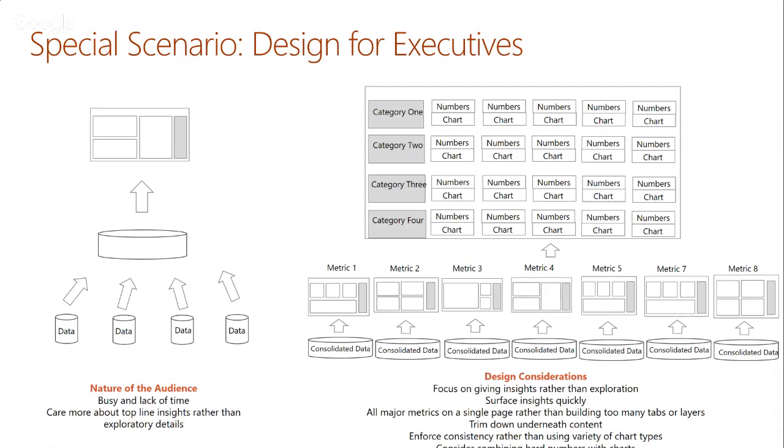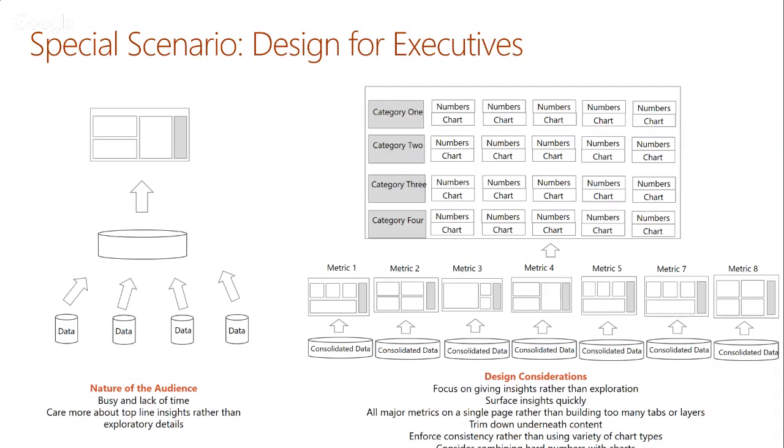Another dangerous thing I wanted to mention is that for executives, we usually try to take the shortcut. We say, oh, I already have this report, I'm just going to stick this together. And then what happens is that when executives drill down, they get lost, because there are too many things under the hood.